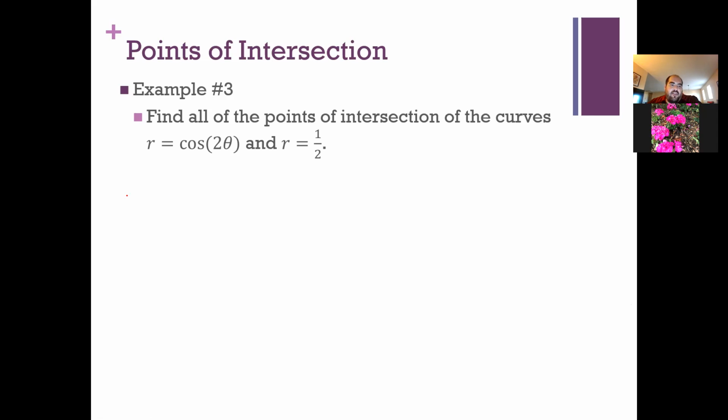Just like last time, if I want to find where two curves intersect, I'm going to set them equal to each other. So I'll start with cosine of 2 theta is equal to 1/2.